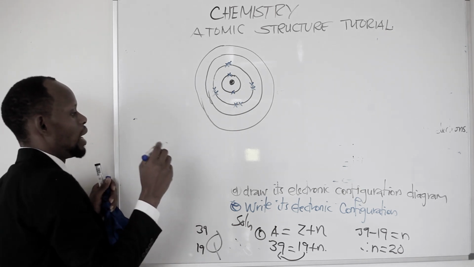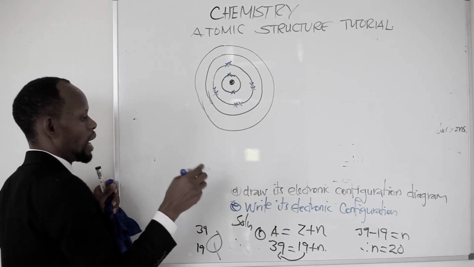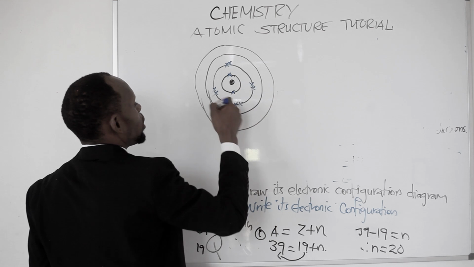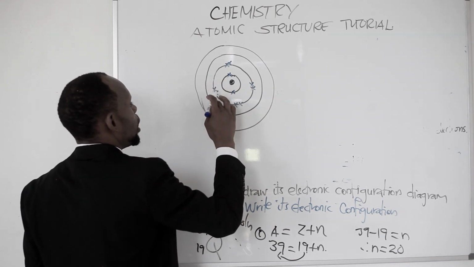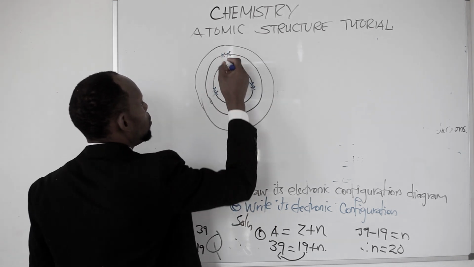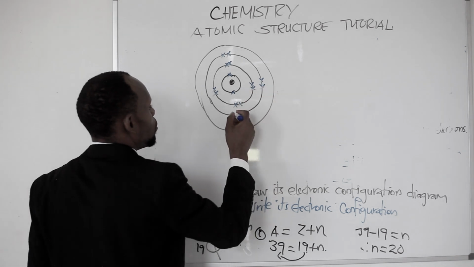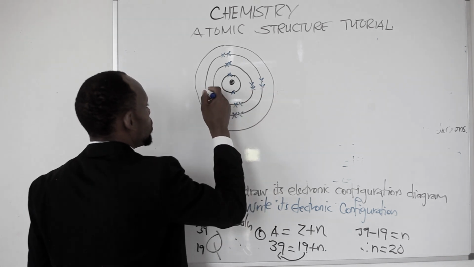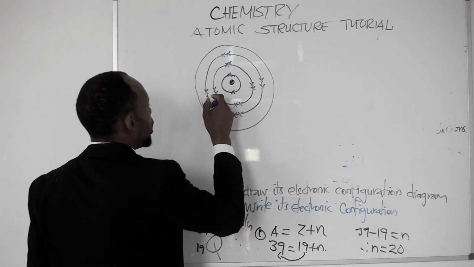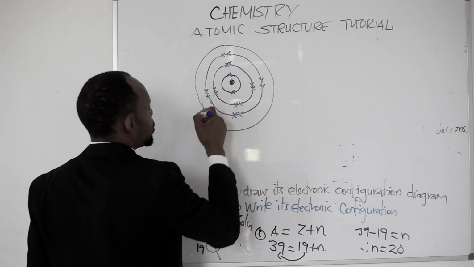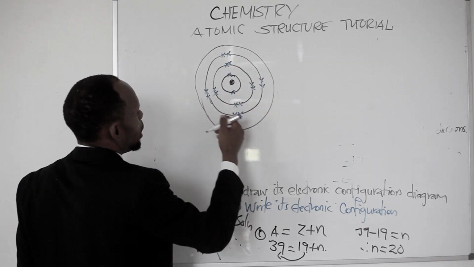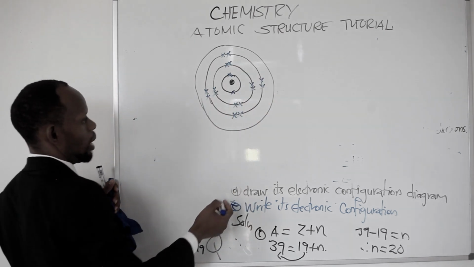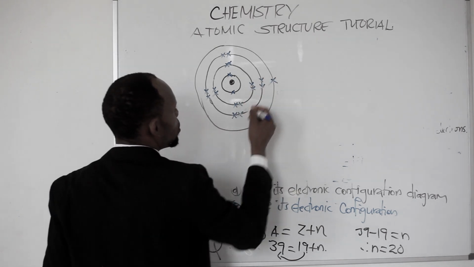We have the remaining 9 electrons. The third shell contains maximum 8 electrons. 1, 2, 3, 4, 5, 6, 7, 8. So it contains 8 electrons. And the last one remaining is 1 electron, this one.